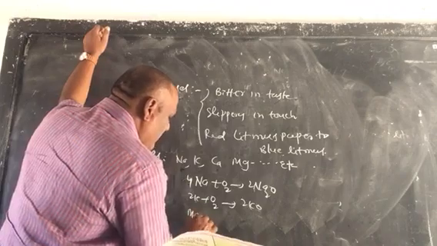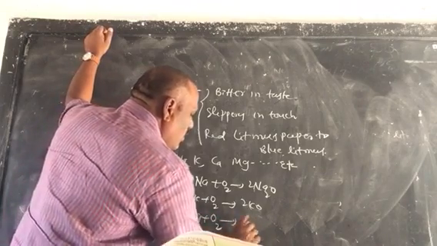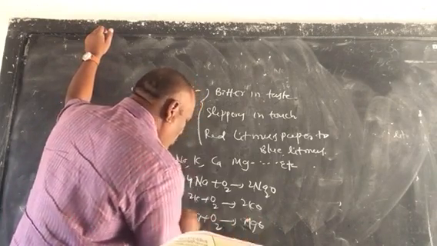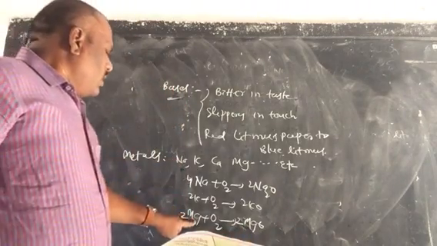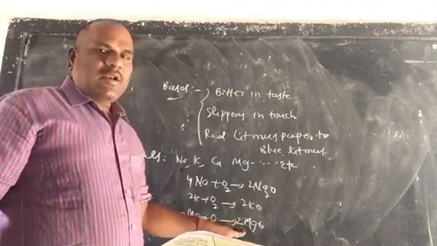Next, magnesium plus O2 gives us magnesium oxide: 2Mg plus O2 gives 2MgO. So magnesium plus oxygen gives magnesium oxide.